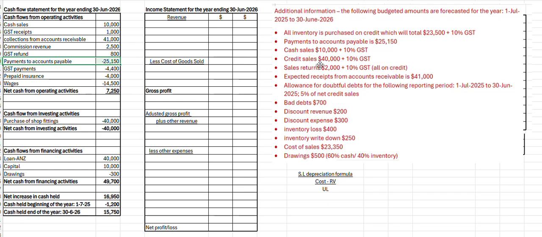Cash sales, credit sales, returns, these are all part of our trading revenue. So we're going to report these at the top of our income statement. 40K for our credit sales. And then we're going to deduct our sales returns to work out our net sales.